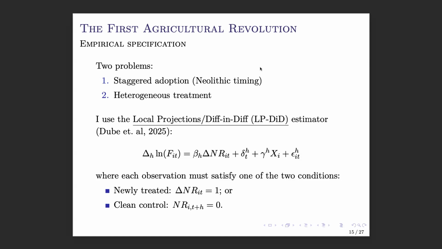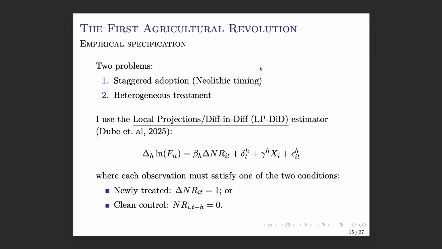And by clean control, I mean at horizon H, it has not yet undergone the Neolithic transition. So effectively, what this amounts to is comparing growth in forest cover between regions that have undergone or recently undergone the Neolithic and regions that have not at the relevant horizon of interest.